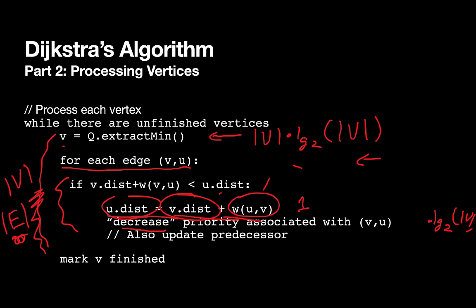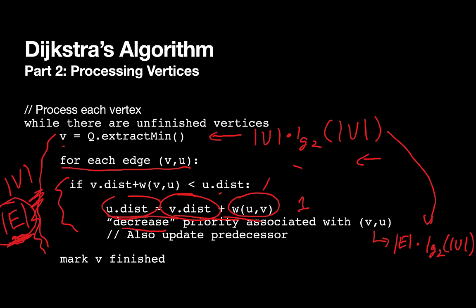Okay, so I'm going to go ahead and redraw that. And remember, it's going to execute for each individual edge in our graph. So, okay, if we combine together these two things, we'll have our total amount of time. I'm also going to assume that marking things as finished is constant time.